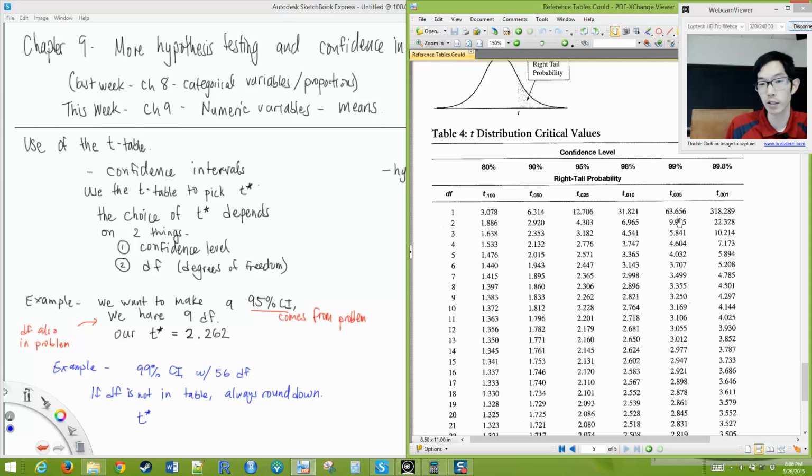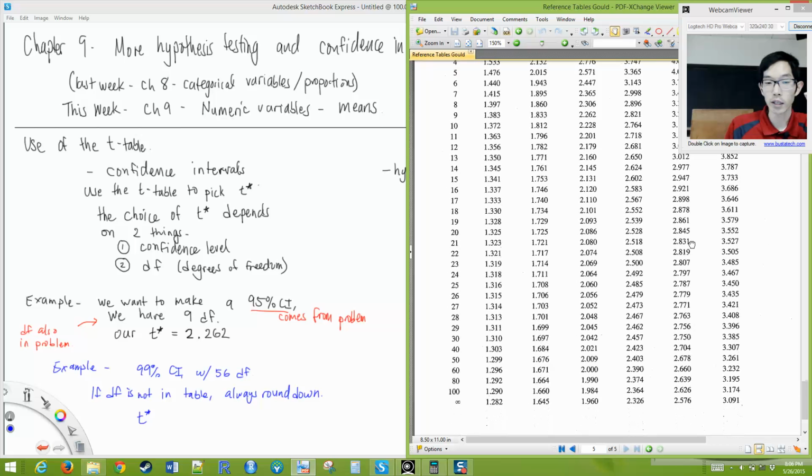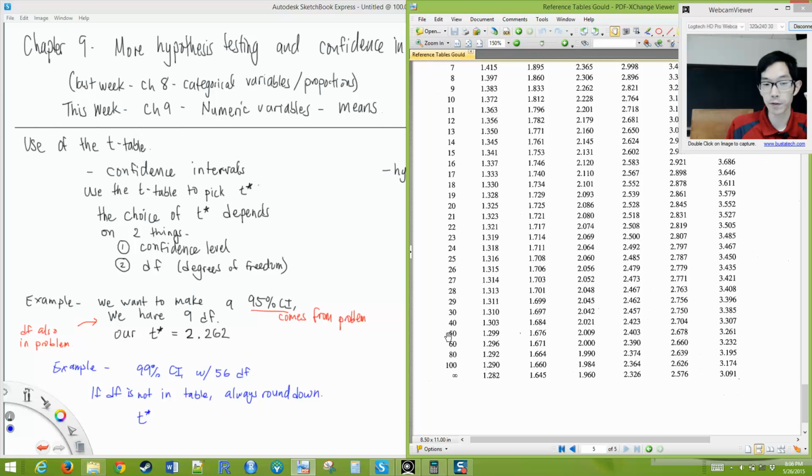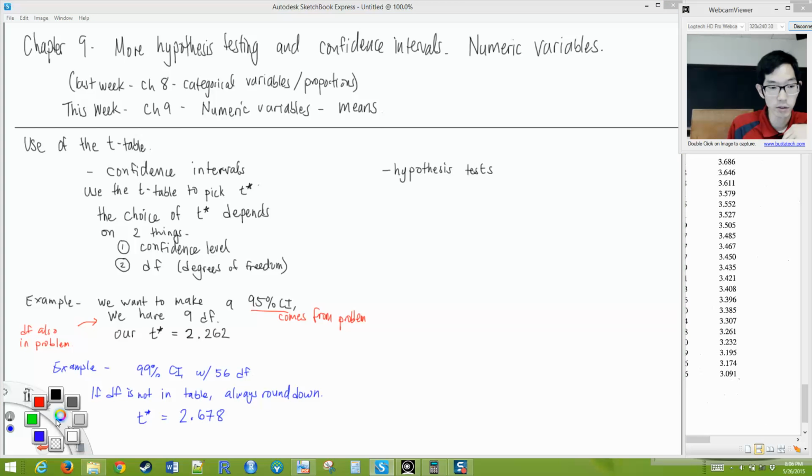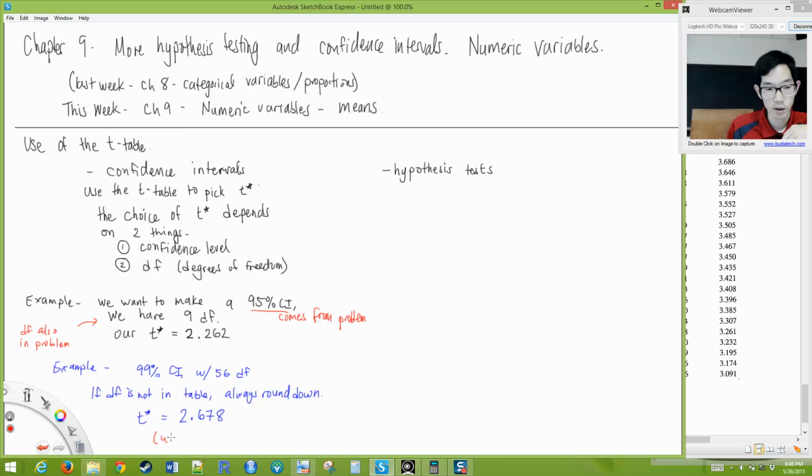It's the second to last column, and I'm going to look up 50 degrees of freedom, not 60, because we always round down. So we're going to use 50 degrees of freedom, and my t star is going to be 2.678. So always round down. So in this case, use 50 degrees of freedom.